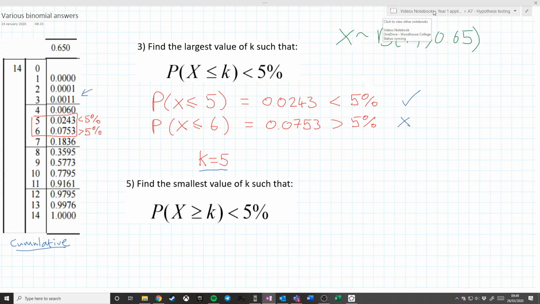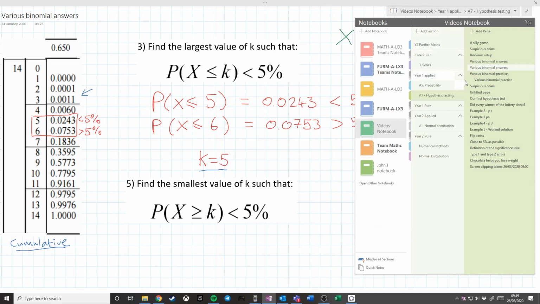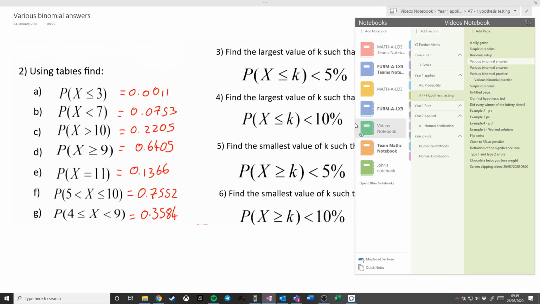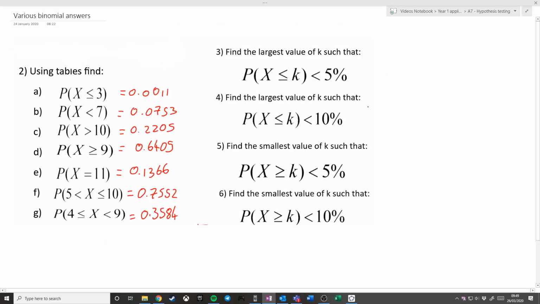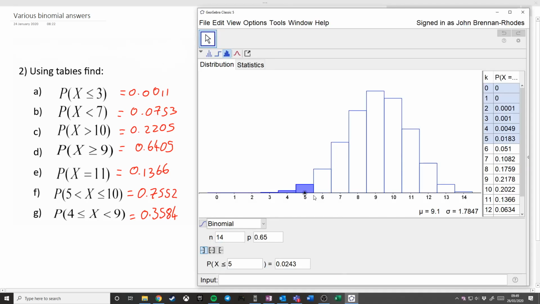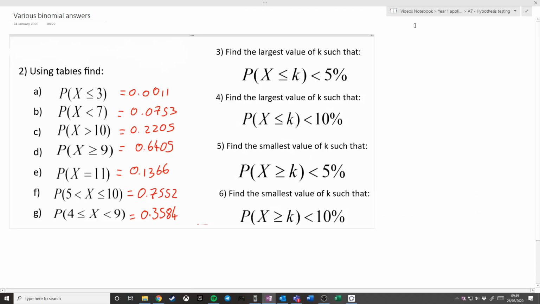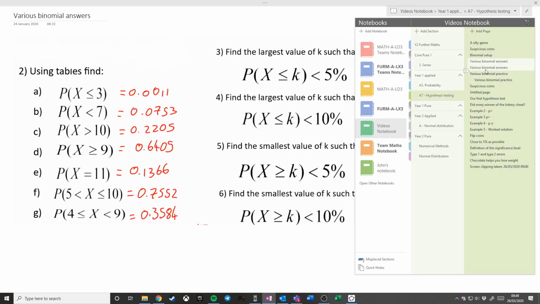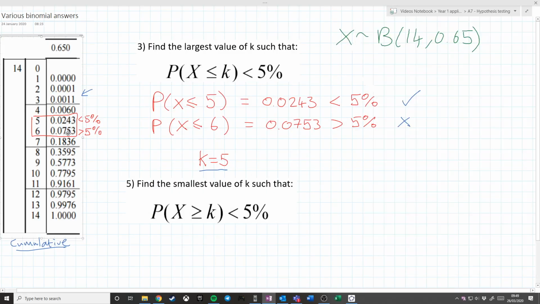Okay, in the previous slide, I also set you question 4, which was less than or equal to 10%. Well, 7 is too big at the bottom here. 6 is just right. So if I go back to this screen, you can see the switch of 10% happens between here and here.